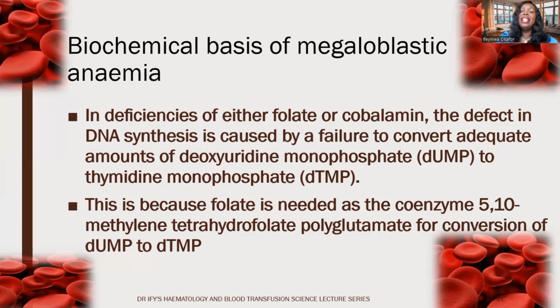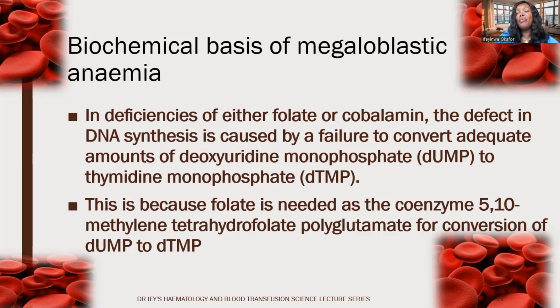You should note that in deficiencies of either folate or cobalamin, the defect in DNA synthesis is caused by a failure to convert an adequate amount of deoxyuridine monophosphate to thymidine monophosphate. Remember what I explained earlier, that B12 is involved in the production of the active form of folate, tetrahydrofolate, during the conversion of homocysteine to methionine.